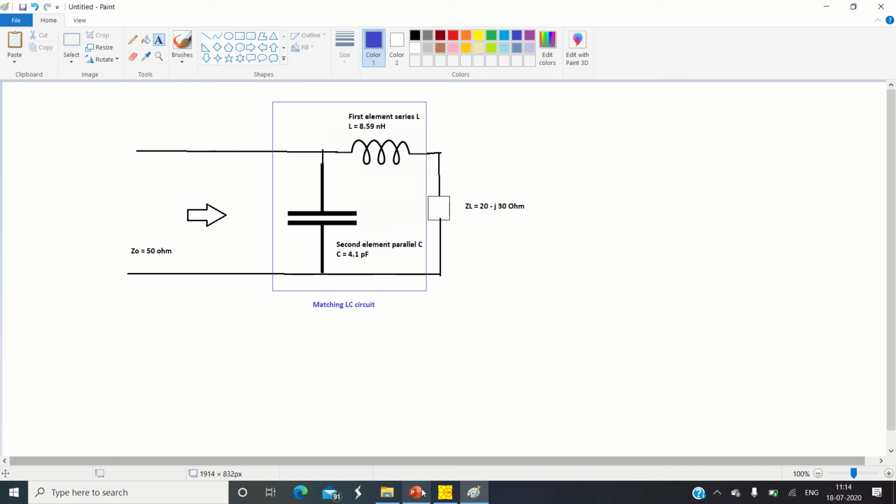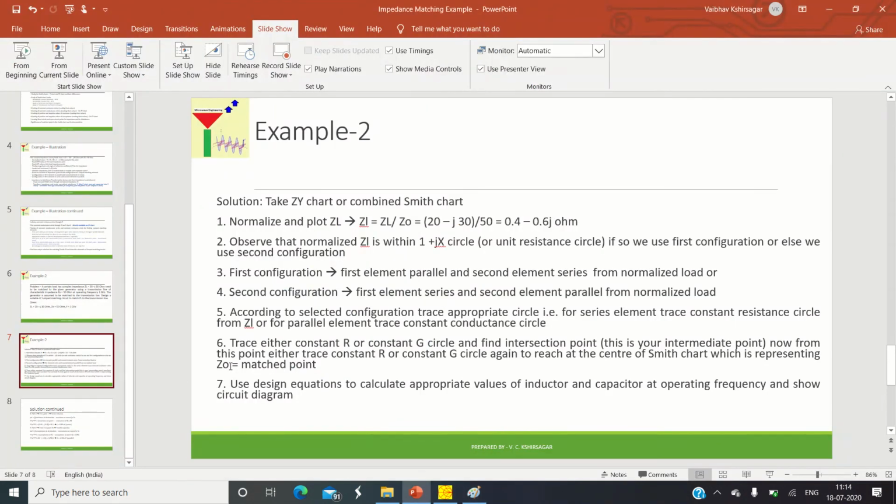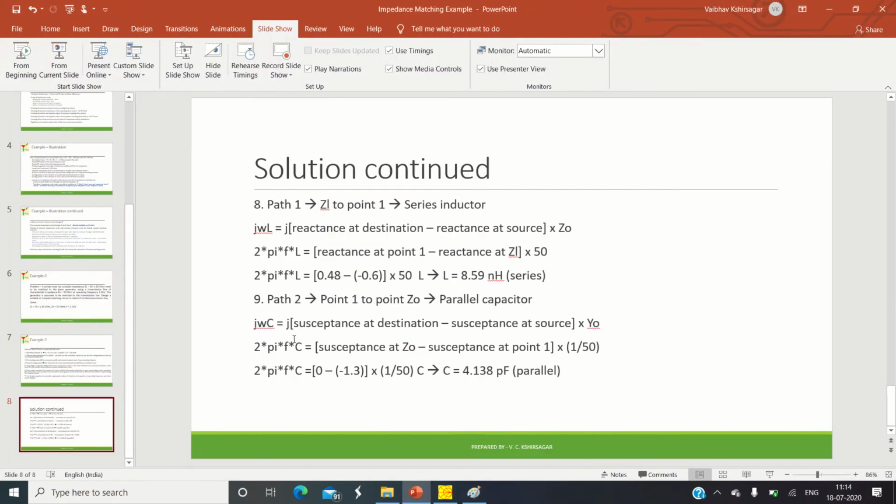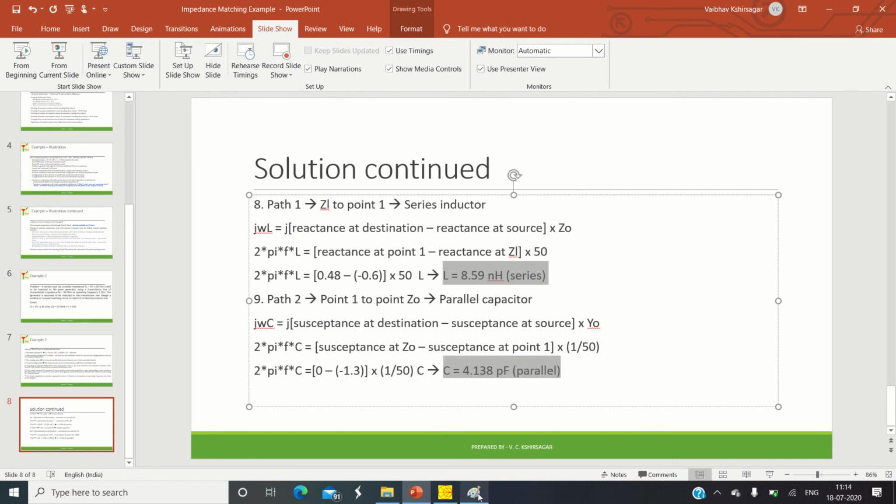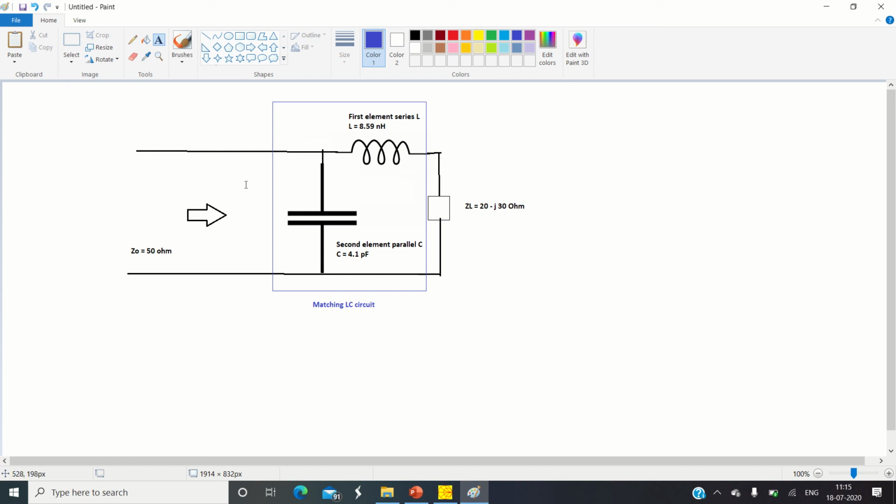Okay, so whatever I have shown on the Smith chart and the manual numerical calculation on the PowerPoint, all these you need to show on paper. And you need to highlight your answer when you complete those. Then finally you also need to draw the appropriate circuit diagram and mention the values of components. Then only, if your values are correct or in the same range and your approach is correct, will you get full marks.